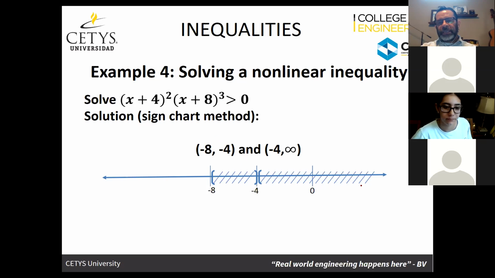And this would be the solution to the problem, represented as an interval and also on the number line.